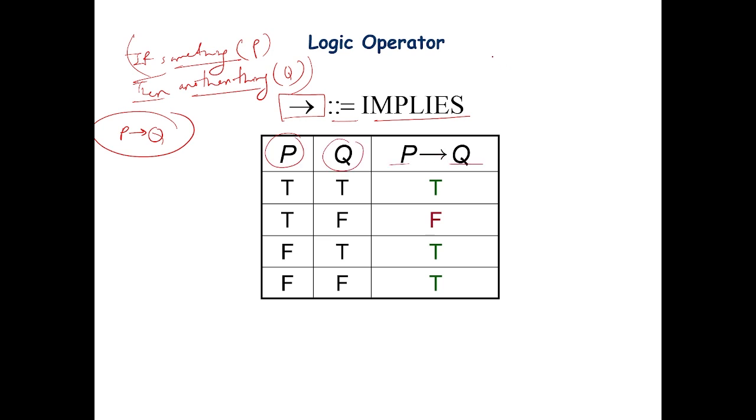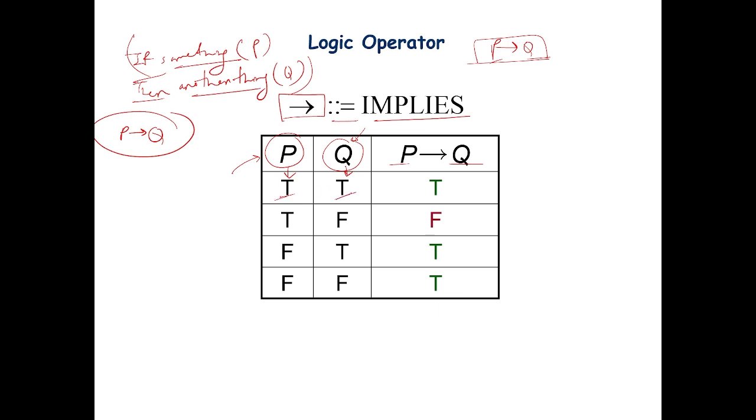Whenever you have a logical statement like P implies Q, you can always find its truth values by using every possible combination of the statements P and Q. You can say P is true, Q is true.